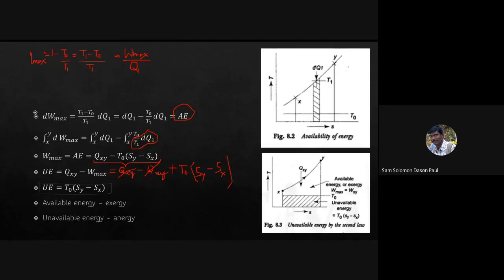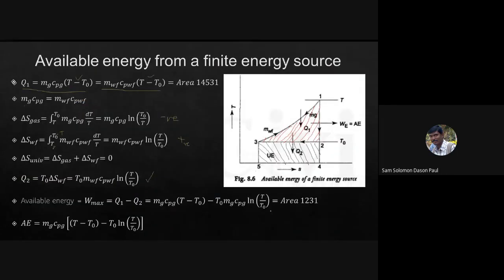This region below T naught, this is your Sy, and this is your Sx. So T naught into Sy minus Sx gives you the unavailable energy. The same thing here: T naught into S4 minus S5 or T naught into S2 minus S3 gives you the unavailable energy. So you can understand that. In a generic sense, your unavailable energy can be simply defined as T naught into delta S. Okay, that you can keep in your mind.